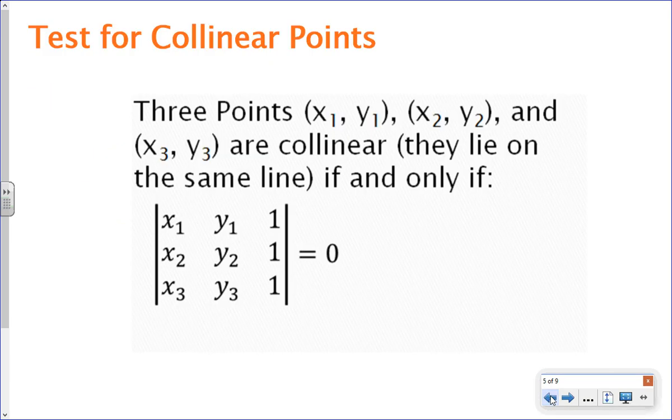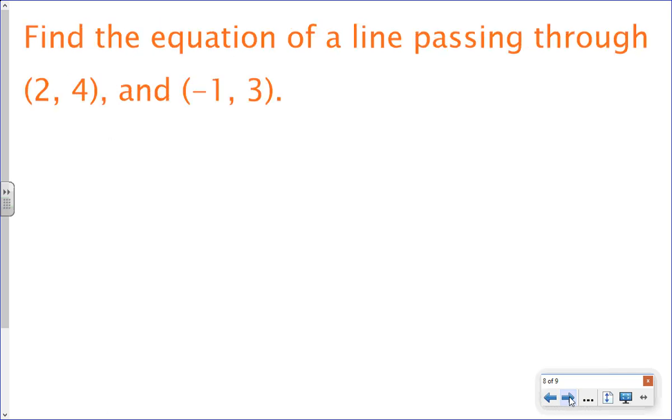If 3 points are collinear, we put those 3 points in this matrix, and they should equal 0. If we want to write the equation of a line with 2 points, how do we do that? Do you think we can use that same idea? Probably. We know that the determinant should equal 0 if we have collinear points.